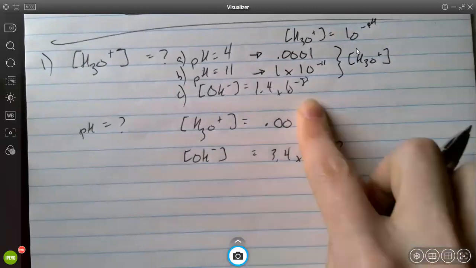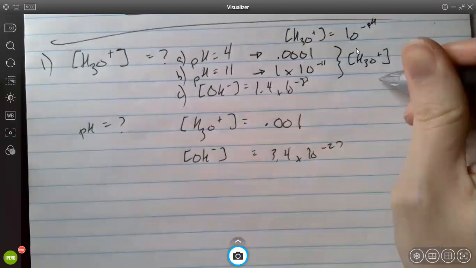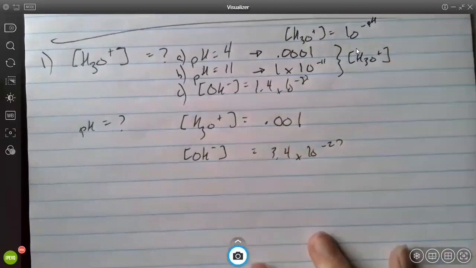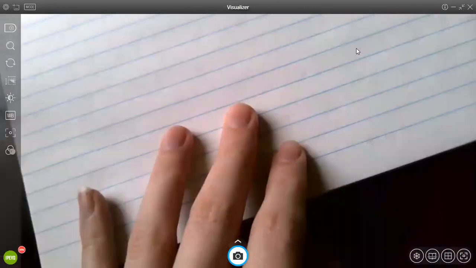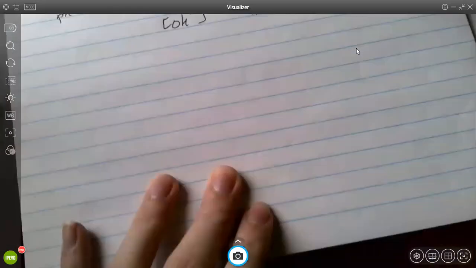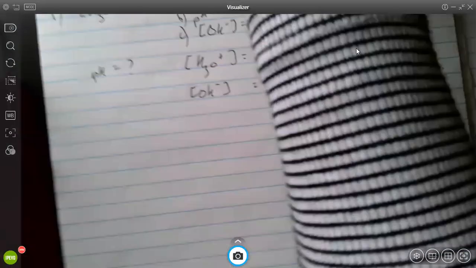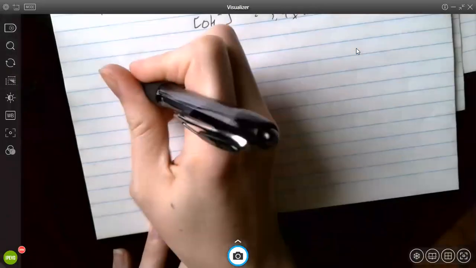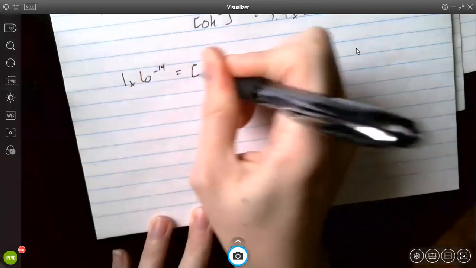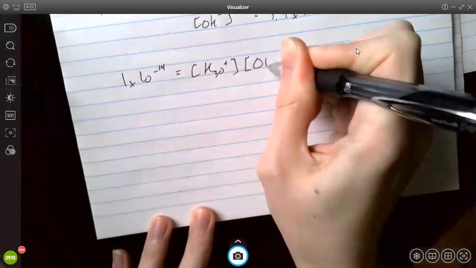For the last one here, we'll have to use the other formula. So for this one, we'll use the formula: 1 times 10 to the negative 14 equals the concentration of hydroxide ions times the concentration of hydronium ions.